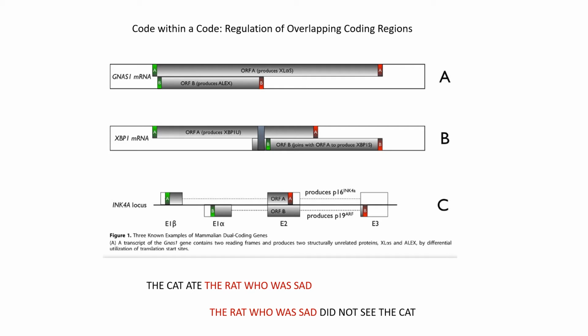And that information for the overlapping reading frames, where do I begin and where do I end, so that I could use part of the nucleotide sequence for one protein to make a second protein, that is a very, very complex set of regulations. That requires a tremendously fine balance.